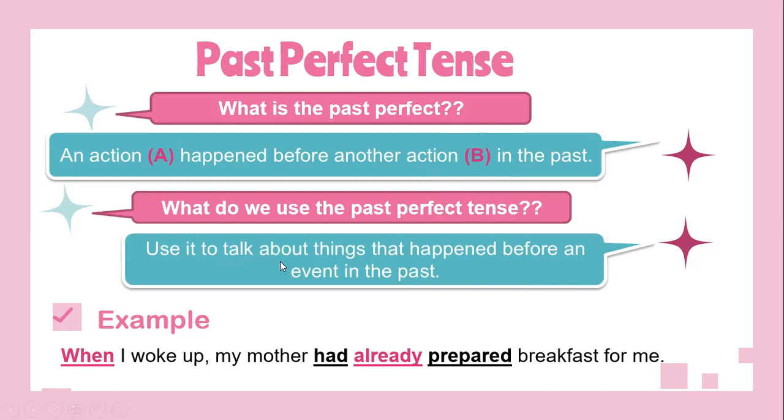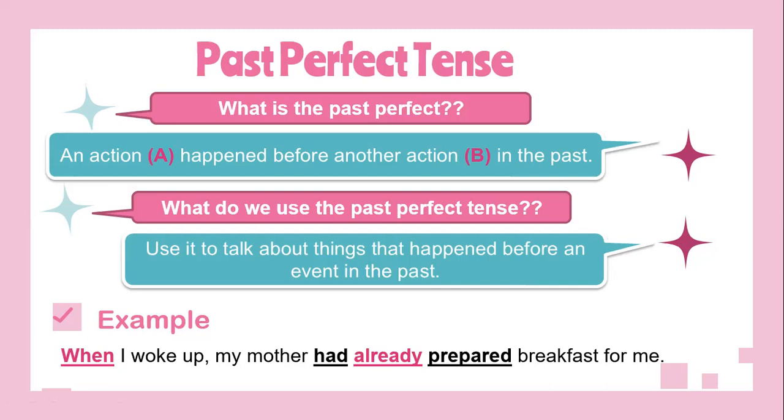We use it to talk also about things that happened before an event or a specific time in the past. Example, when I woke up, my mother had already prepared breakfast for me. When I woke up, so which one happened first?